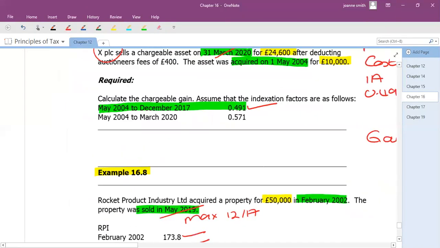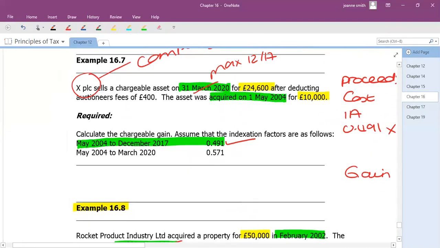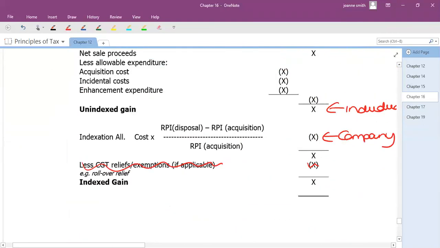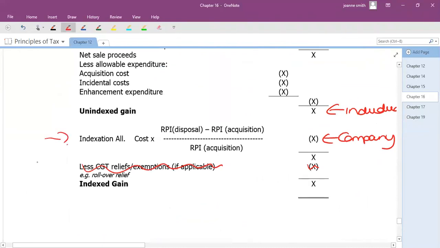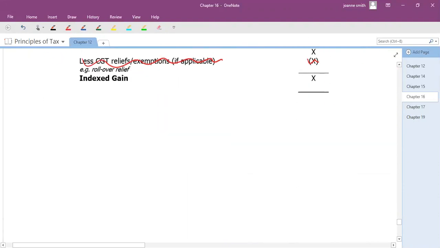Now, this time, I've not been given my index factor, which rounds to 3 decimal places. So I've actually got to work this out myself using that formula. So the formula is the RPI at disposal less acquisition divided by acquisition.